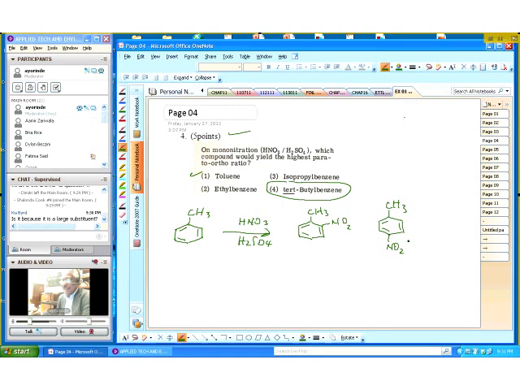Now, remember I told you, for the ortho para directors, the para product is always going to be the major product because of the steric hindrance in the ortho relationship here.